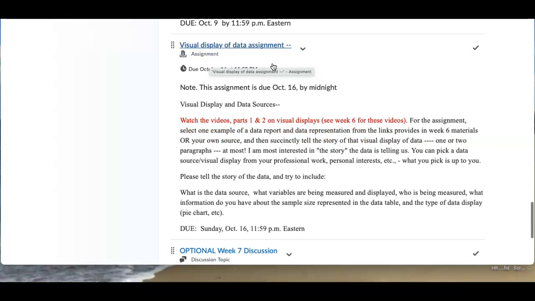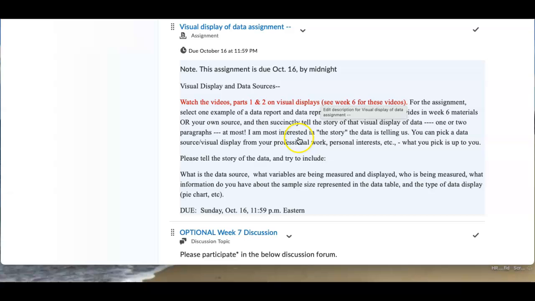If you follow the directions in here, basically, go back to week number 6 and you'll see there's a huge amount of information and links that show visual displays of data. I want you to go into that area, pick one, and tell the story of the data. So this doesn't need to be 8 paragraphs. It could be succinctly written in 1 paragraph.